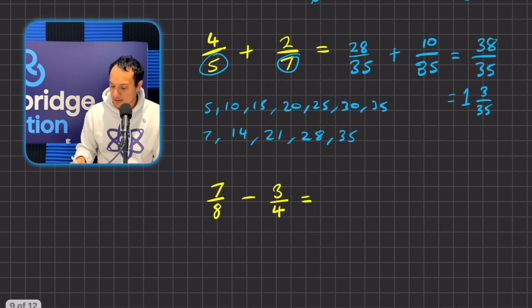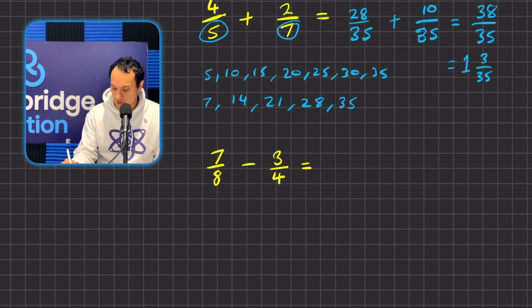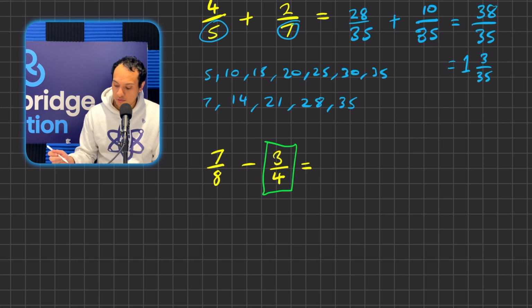Now we're going to subtract two fractions, which is basically the same process. So we're going to look at these two here. These are a bit easier actually. We've got 8 and we've got 4 at the bottom. So actually, we can just rewrite 3 over 4 as 6 over 8, because 6 over 8 is equivalent to 3 over 4.